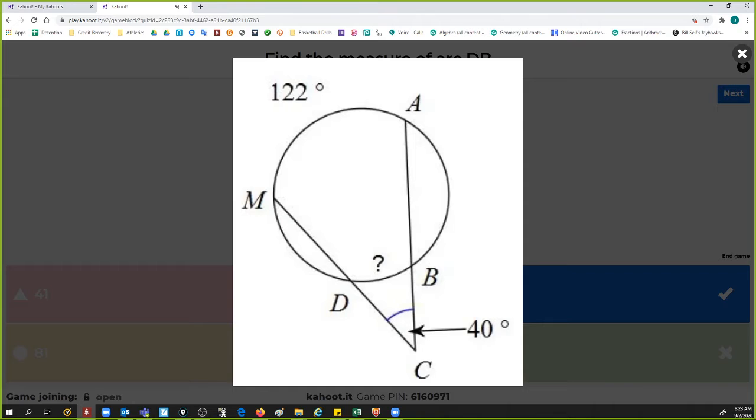Let's go over this one. We did go over it yesterday, but it doesn't mean much. Alright, let's see if this works.